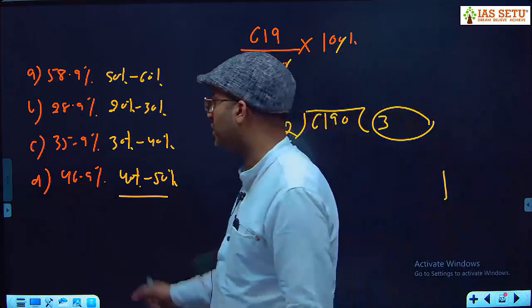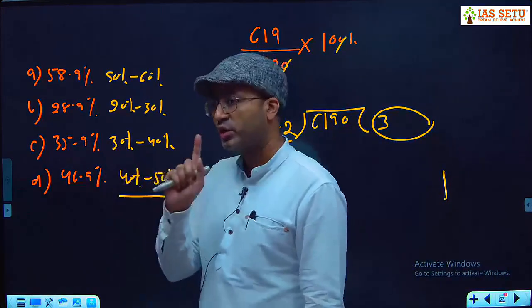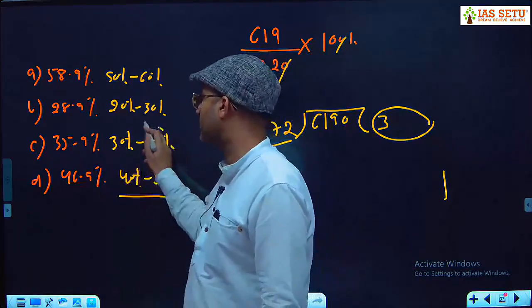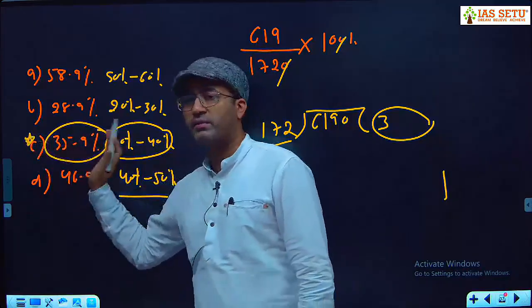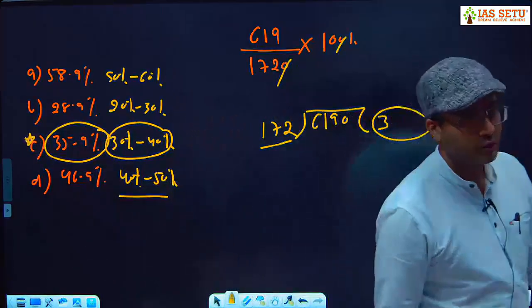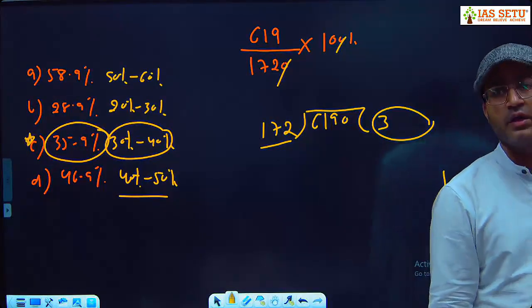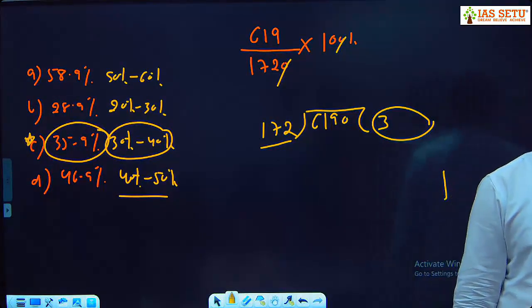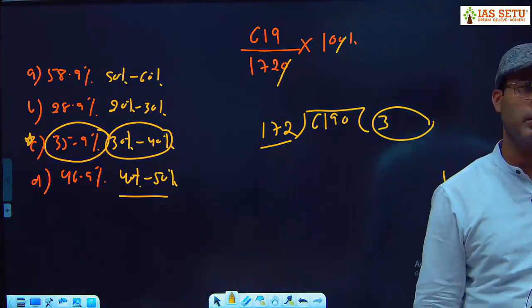Don't cross check whether it is exact 35.9 or 35.2, because there is only one answer option available between 30 and 40%. 35.9% you can mark it. No need to check exact. आपको अगर range भी पता चल गई ना आपके answer की कि range of your answer is between 30 and 40% and there is only one answer option available, you have to mark.